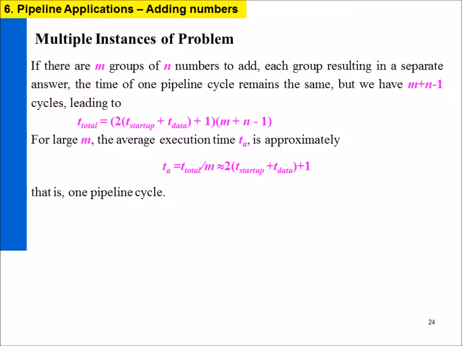So if m gets bigger and bigger, the average time becomes better and better. The t_average is t_total divided by m, which is approximately 2 times (t_startup plus t_data) plus 1. That is one pipeline cycle, which is great because then every pipeline cycle you get a new result.